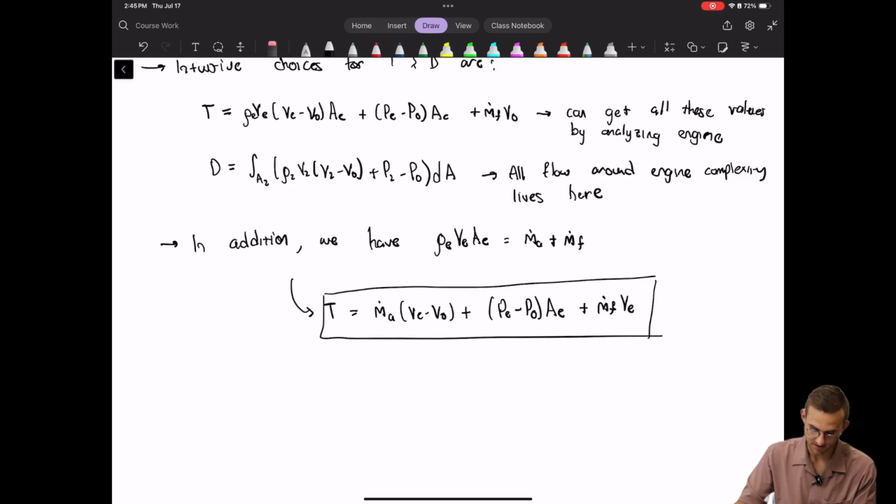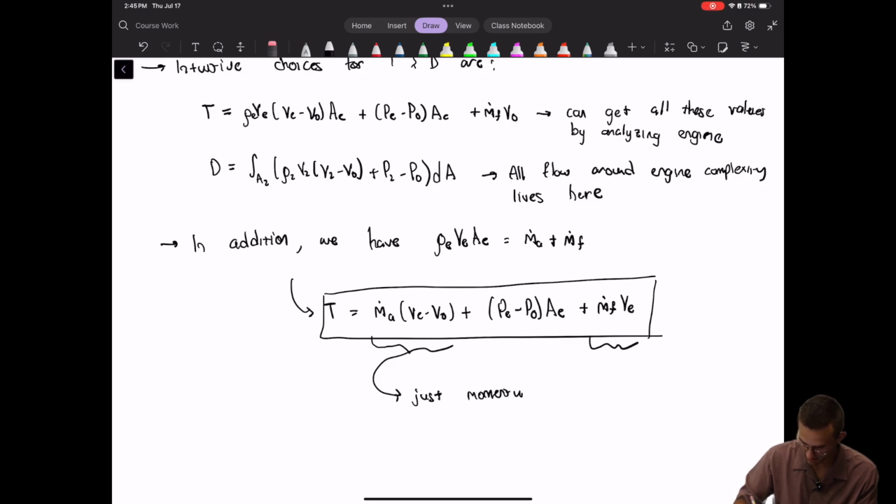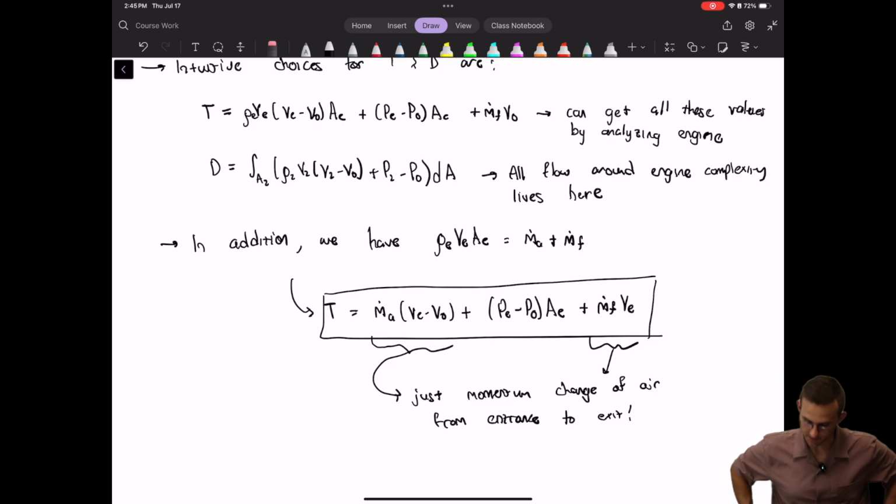Okay, and really, look at this. You have this term and this term. What are these terms saying here? These are just the momentum change of the air from the entrance to the exit. Okay, so that's what those two terms are essentially telling you.